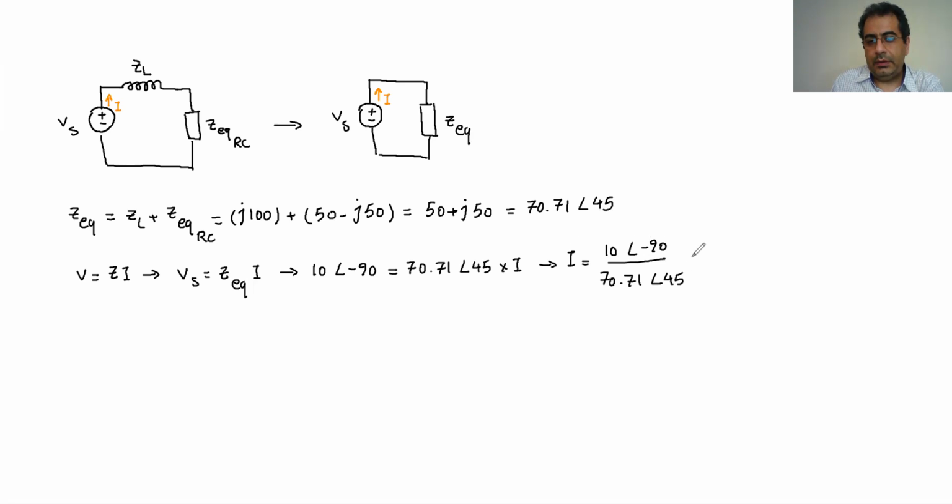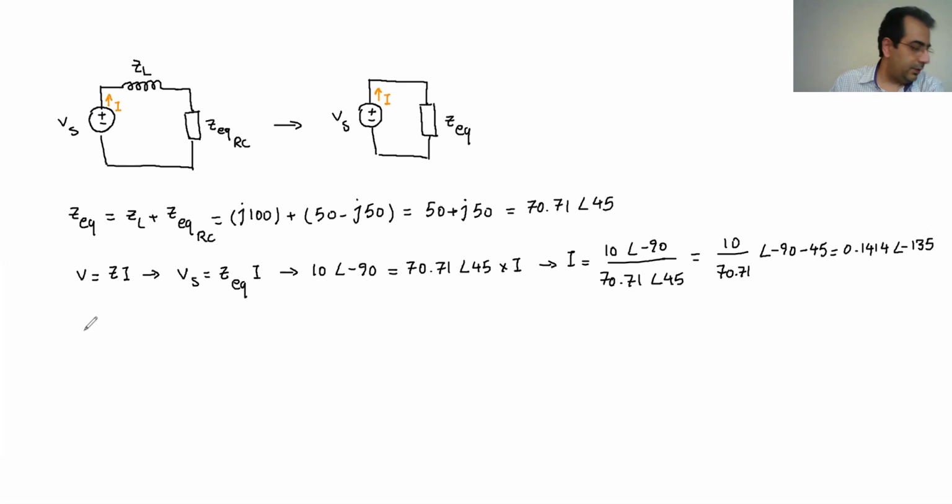So again, either plug it in your calculator, get the final value, or divide the magnitude and subtract the angle. Because it's a division, subtract this one from this one. So it's going to give us 0.14 with angle of negative 135 degrees. So this is the I.